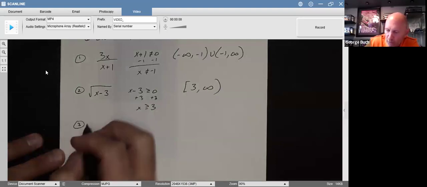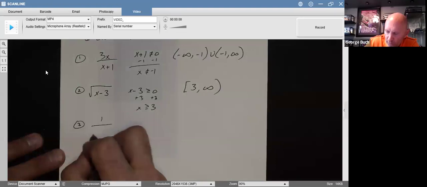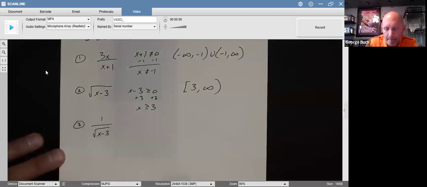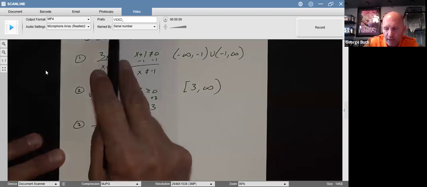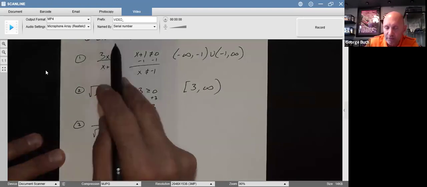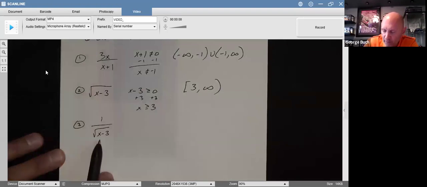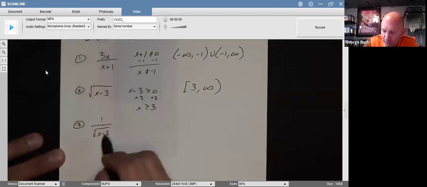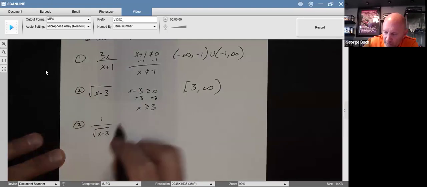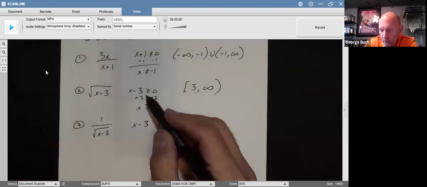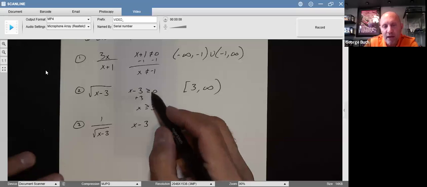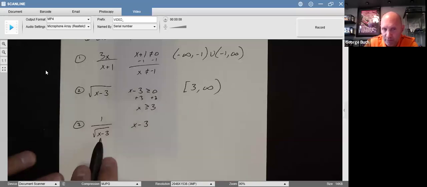What if I have 1 over square root of x minus 3? Do I have a denominator? Yes. Do I have an even root? Yes. So that means what? Because of this even root, it would normally mean x minus 3 is greater than or equal to 0, like we had in problem number 2. But because it's in the denominator, it cannot be 0.